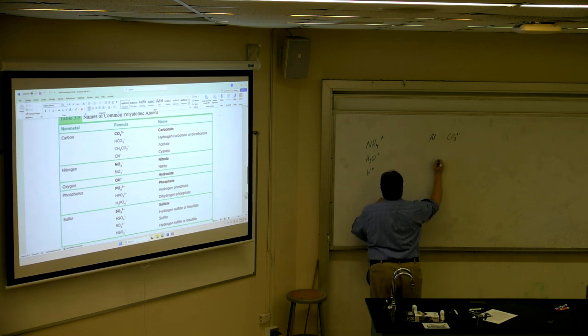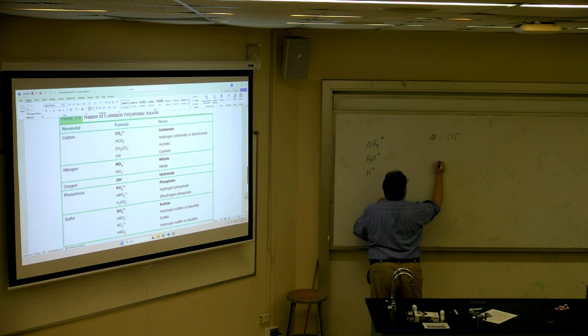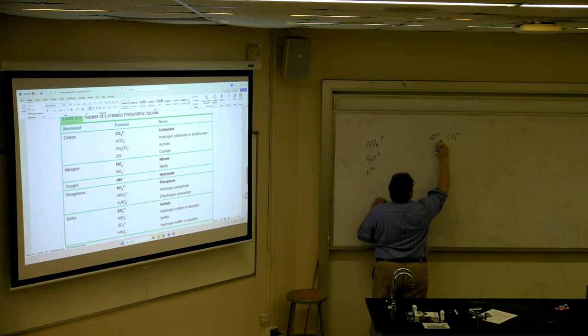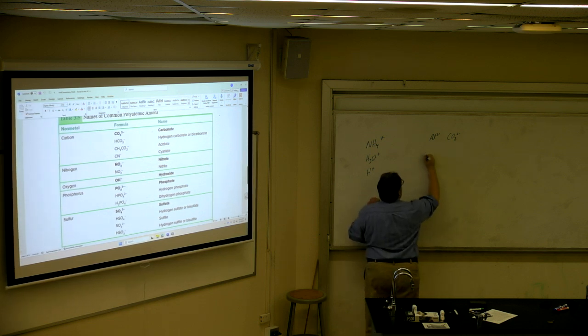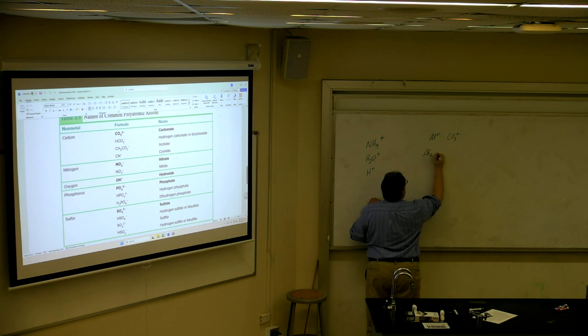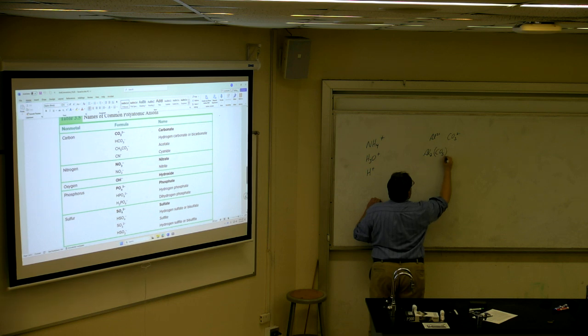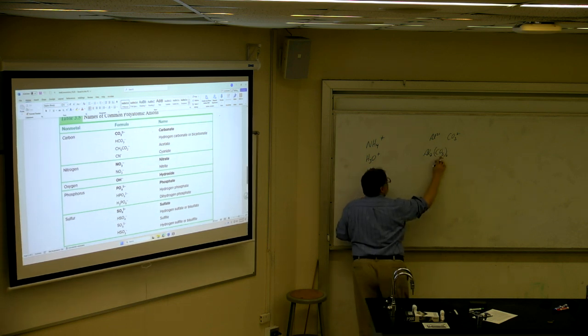So what's the charge on aluminum? It's 3+, you can get that from the periodic table. 3+ and 2 negative, so we're gonna need Al. You put the parentheses around it, and then that 3 means there's a total of 3 of these CO3s.